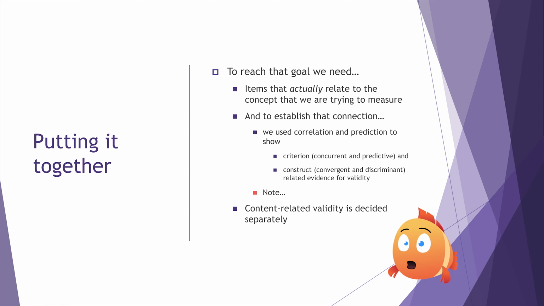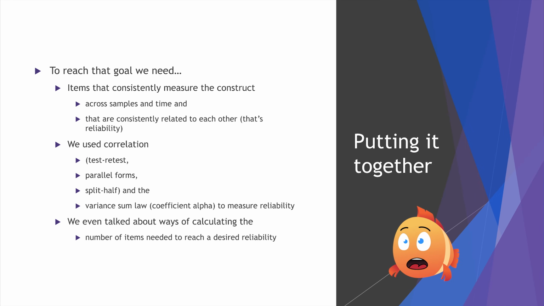So note that the criterion we use in criterion-related validity is not the concept directly either, but just another way, either behavioral or clinical, of measuring our concept. And lastly, content-related validity is decided separately by experts and is not part of the factor analytic process.